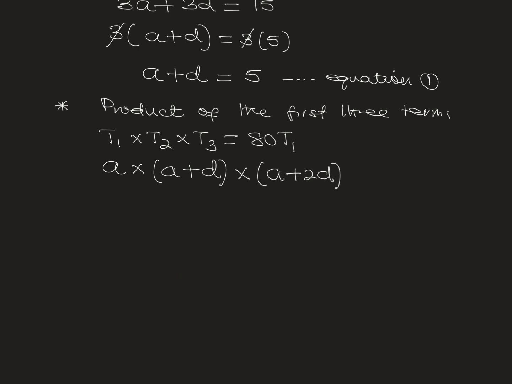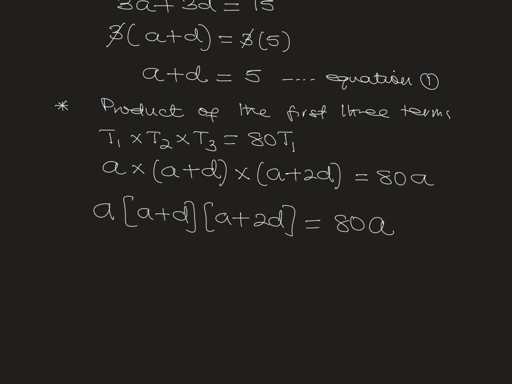So this is equal to 80 times T1. T1 is the same as A, so I'll just represent it with A. That is, we'll have A into A plus D into A plus 2D is equal to 80A.